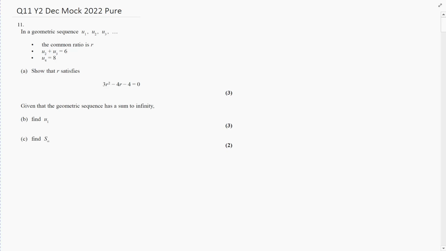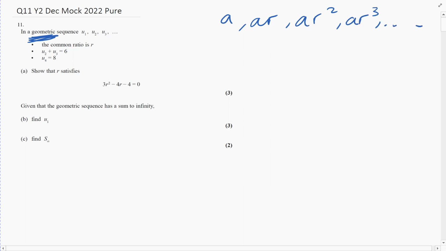Question 11. Got no idea what's happening with this question, but I do know it's geometric. So I would start off by writing down A, then AR, and then AR squared, and so on. So term 1, term 2, term 3, term 4.